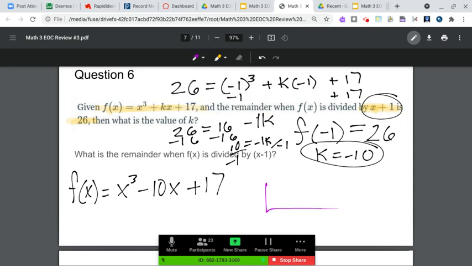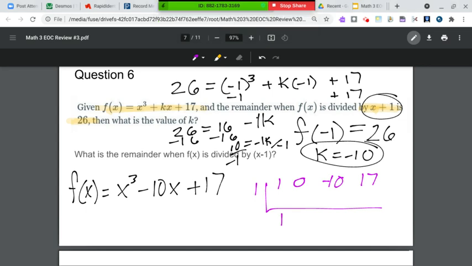So this is part 2. On the outside of my synthetic division, I'm going to use 1. On the inside, I'm going to put a 1. And then I'm going to put a 0. Why am I putting a 0? What's missing? X squared. And then I'm going to put a negative 10, and a 17.